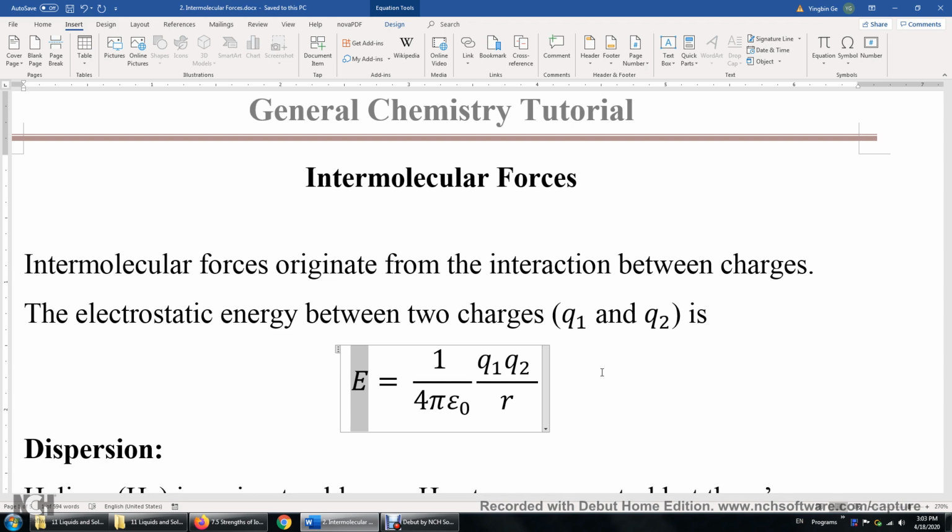Well, we know helium atoms are neutral. There's no net charge on any helium atom, but each helium atom consists of one positively charged nucleus and two negatively charged electrons.